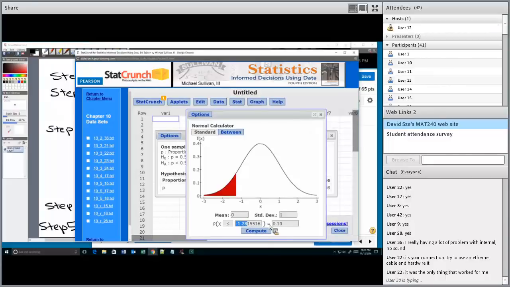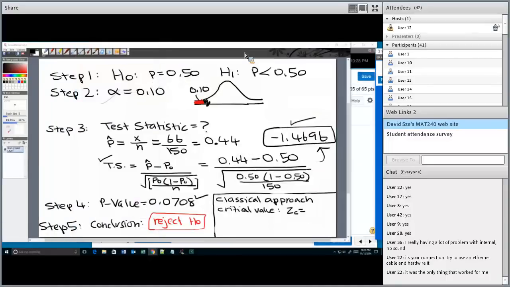And remember I said that this is your critical value, minus 1.28. Okay, this is the way to find it. Alpha is 0.10. It's a left tail test. So my critical value is minus 1.28. So z critical is minus 1.28.